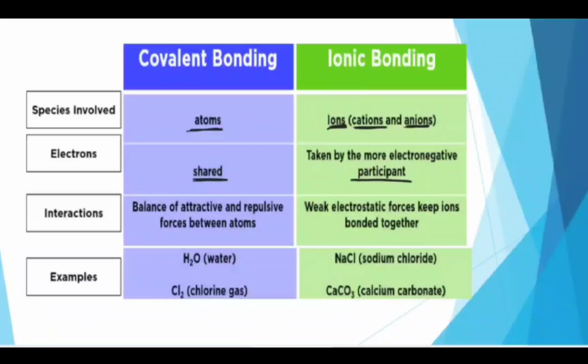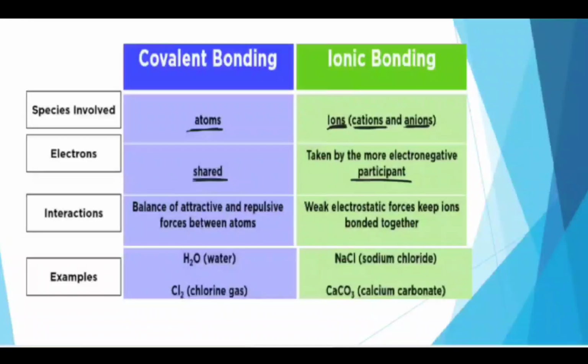Interactions: a balance of attractive and repulsive forces between ions. So they have forces of attraction between them, due to which they bond together. In ionic bonding, there are weak electrostatic forces which keep the ions bonded together, and hence they break easily and bond with something else.